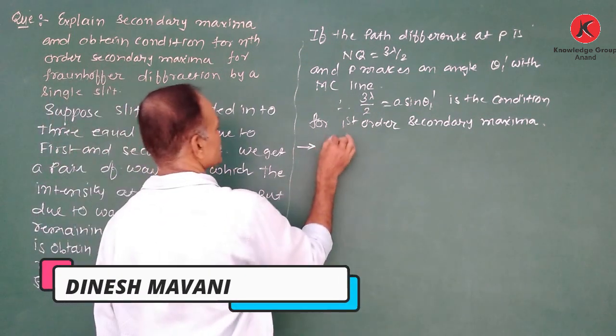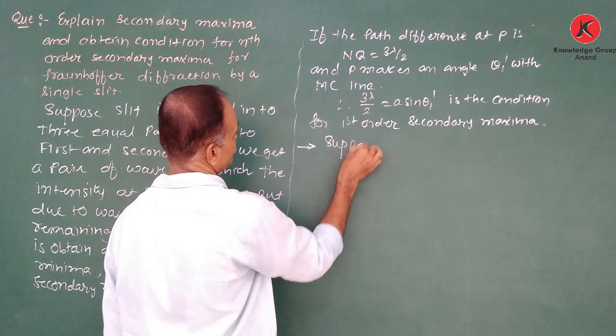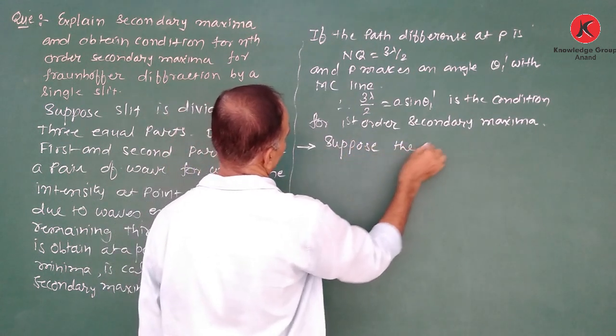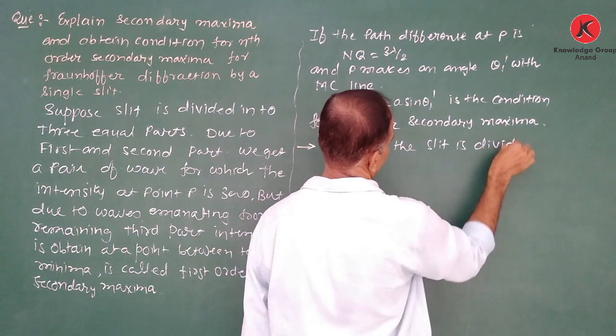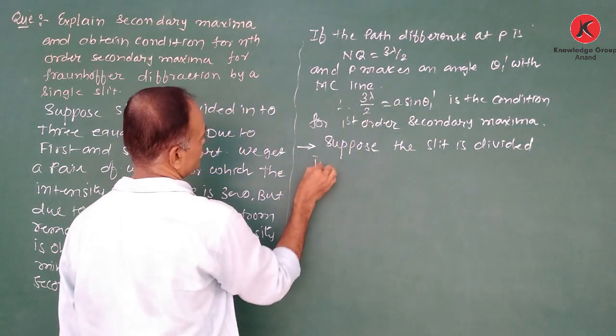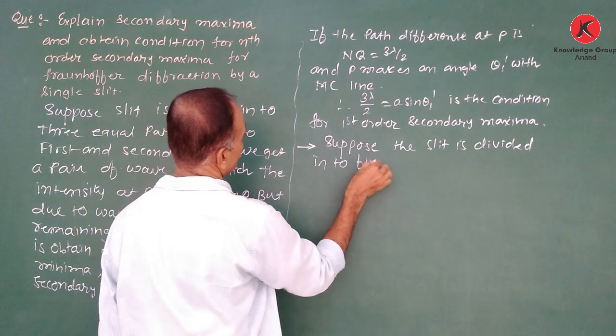And suppose the slit is divided into 5 equal parts.